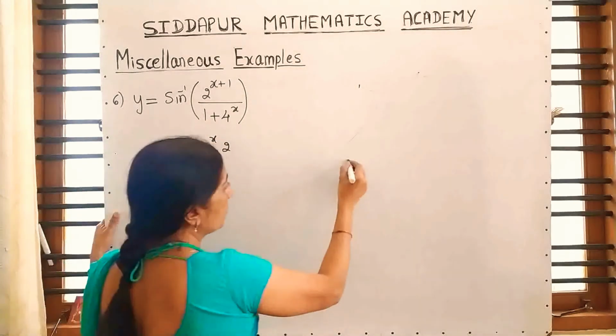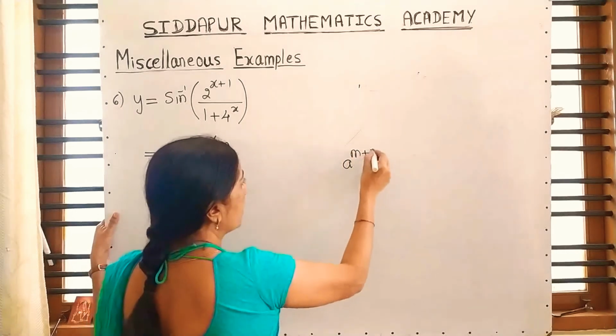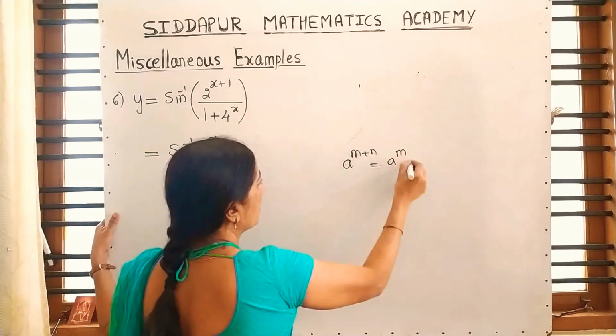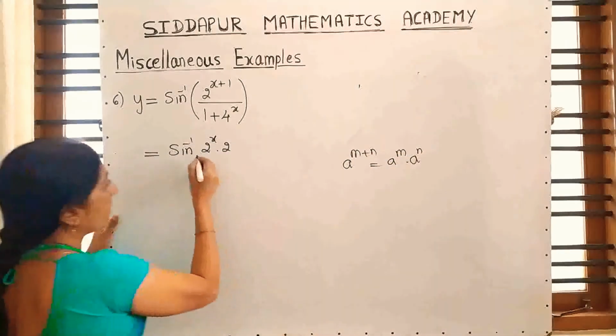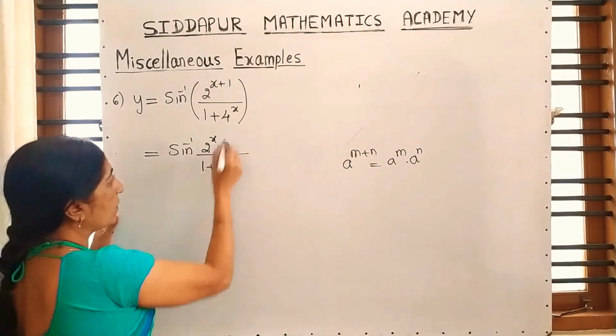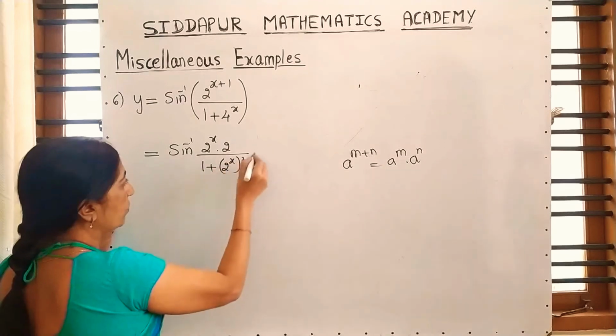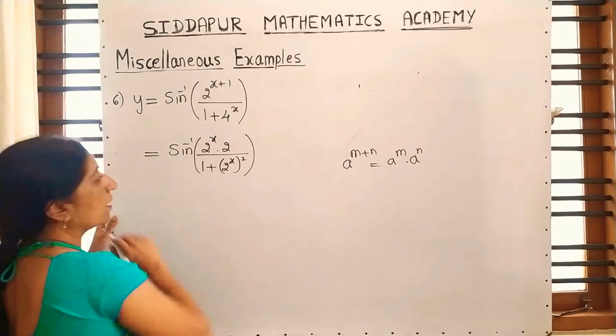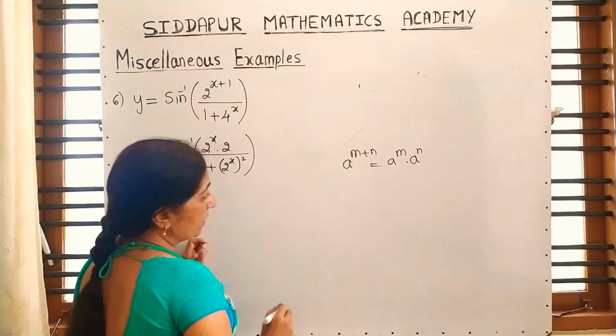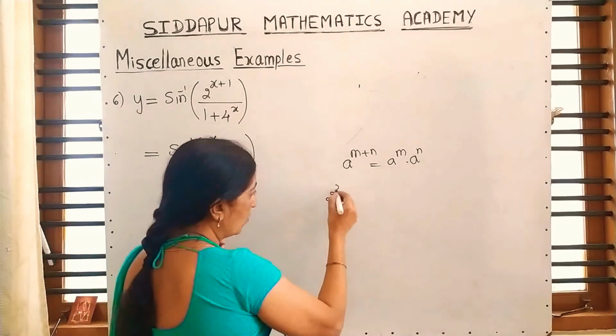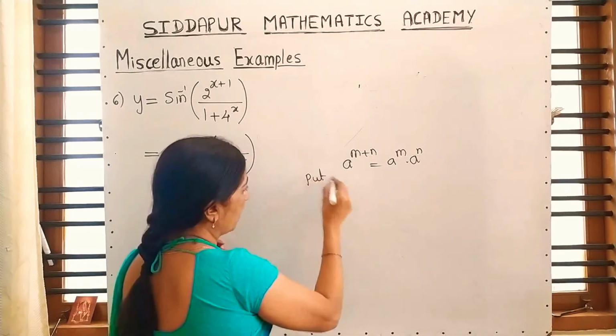Which formula? A raised to m plus n formula: a raised to m into a raised to n. Divided by 1 plus 4 raised to x, which is 2 raised to x whole square. And if you are thorough in first year trigonometry, write down 2 raised to x as tan theta.